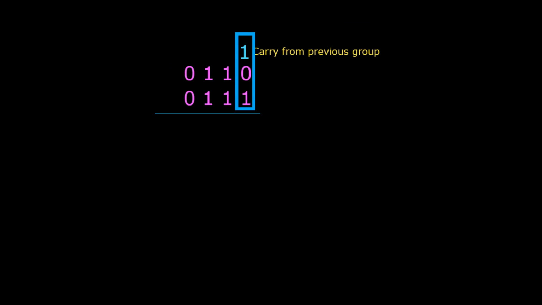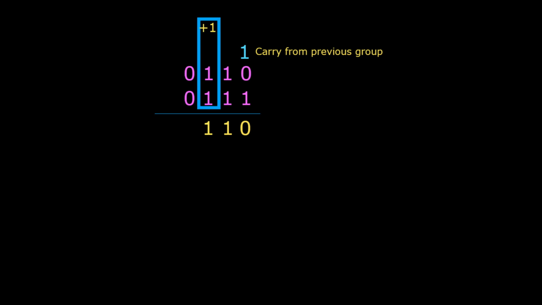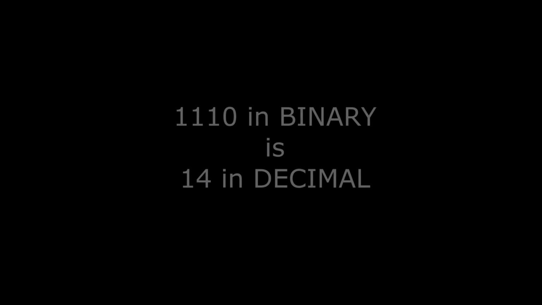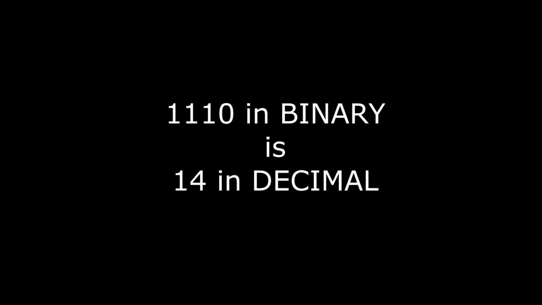Now we focus on the sum of the second or middle group, where 1 is the carry from the first group. Wow, the carry out is 0 for this middle group sum. But alas, 1110 is illegal code in BCD. And it is illegal because 1110 in binary is equivalent to 14 in decimal.